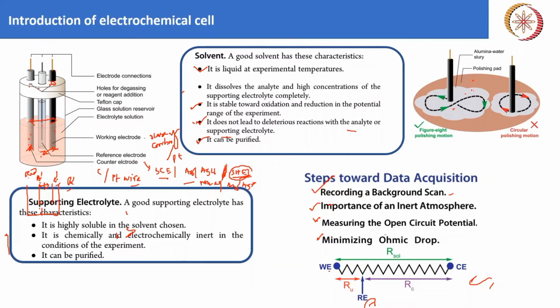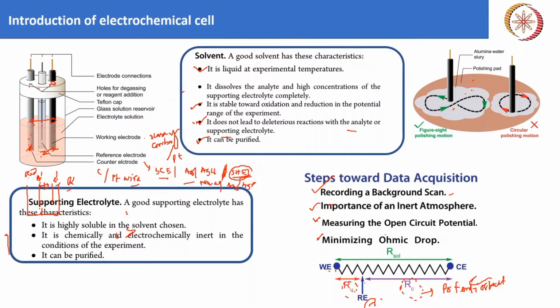This solution resistance has two parts: one is the compensated resistance, the other is the uncompensated resistance. The potentiostat, the instrument we use nowadays, can minimize the compensated resistance, but the uncompensated resistance, which is between the working electrode and the reference electrode, cannot be compensated.